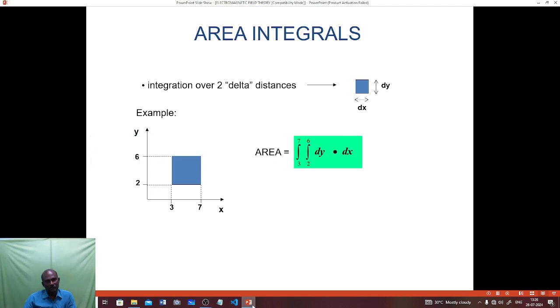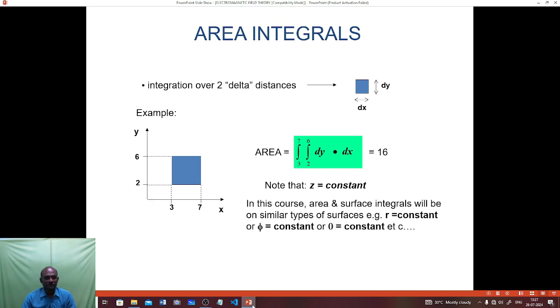Area is equal to integrating dy dx between the upper and lower limits. Here z is constant, so we only have two variables, x and y, and with z as a constant, we can find the area involving the x and y axes.